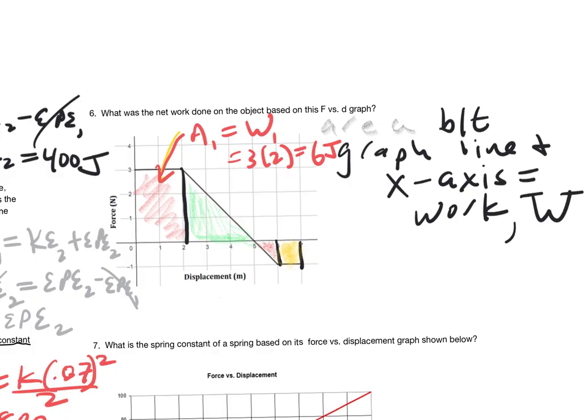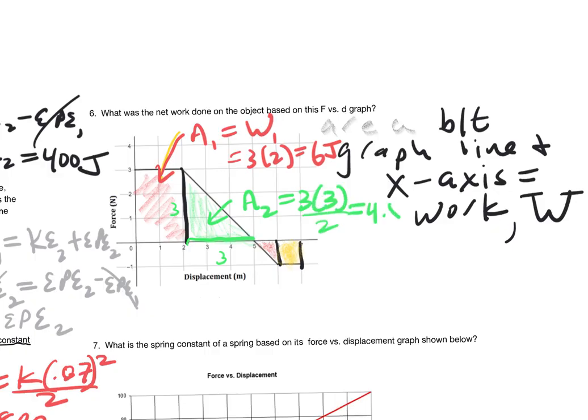Okay, how about this area right here? Area 2 equals, the height is 3, the base is 5 minus 2, which is 3. So 3 times 3 divided by 2 is 4.5. Base times height divided by 2 because of the triangle.